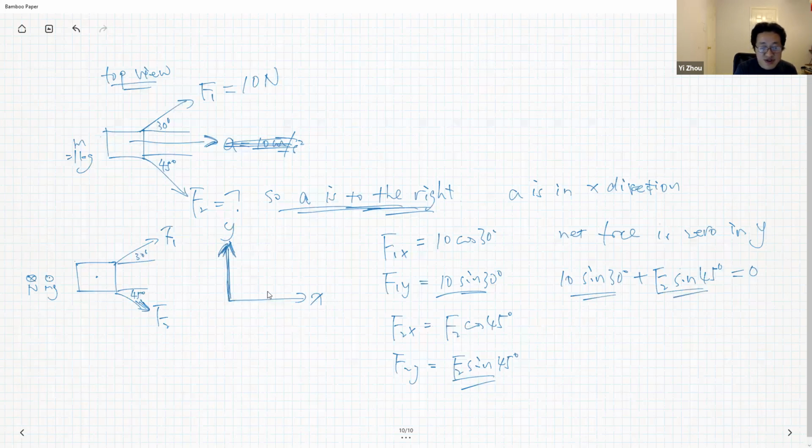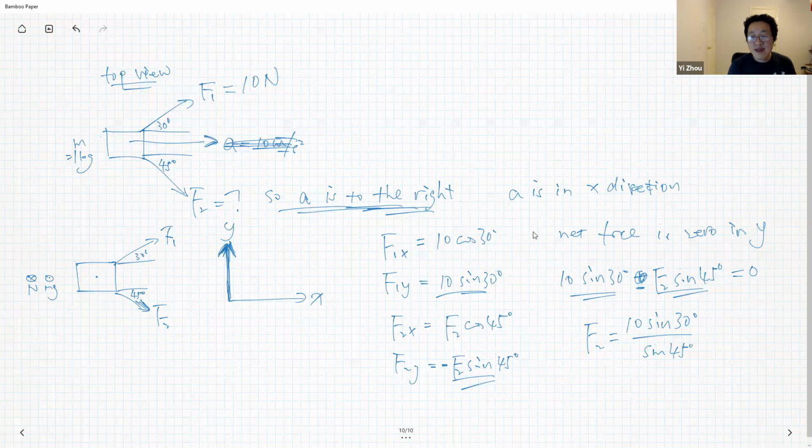If we choose up as positive for y, then F2y should be negative. In that case, we'll have this as negative. Then it will make sense, right? So we already got what F2 is. It's just 10 sine 30 divided by sine 45.